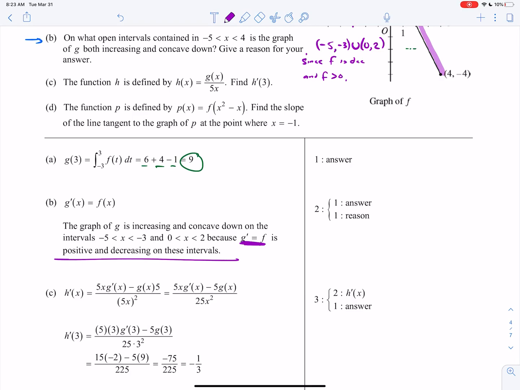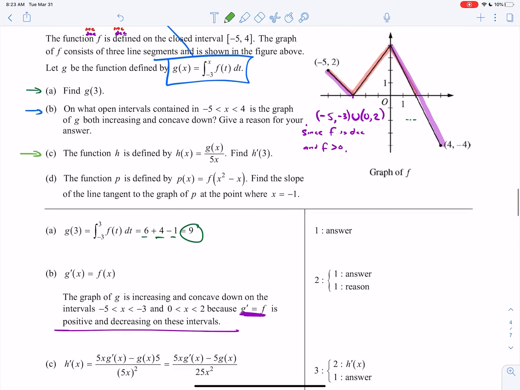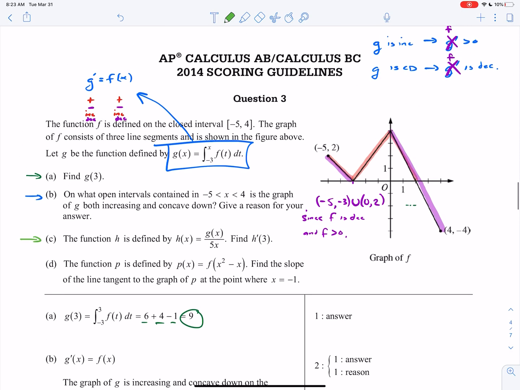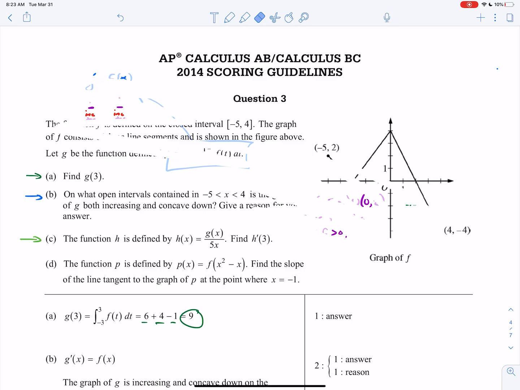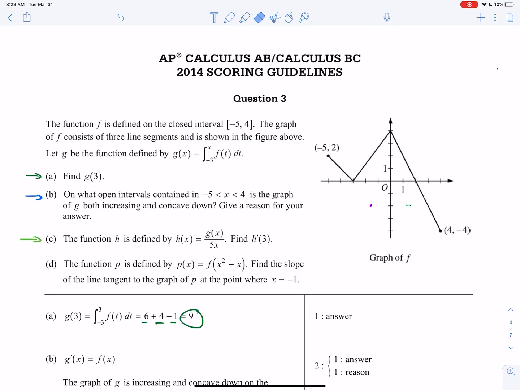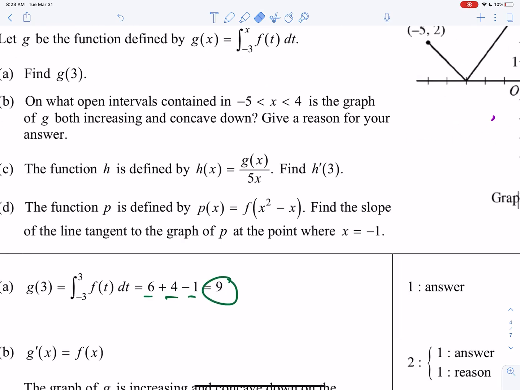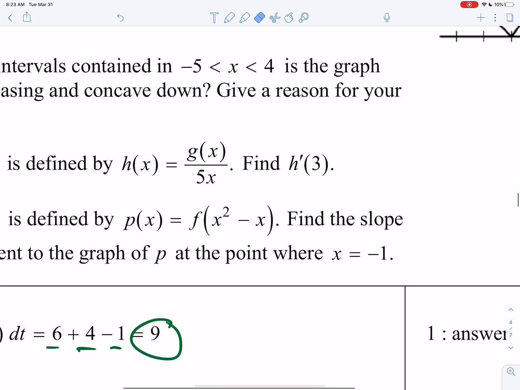But there you go. Part C. The function h, they introduced a new function h here, which is g over 5x. Let me get rid of this for you guys so we have room. Okay, so C, we have this new function h of x, which is g over 5x.